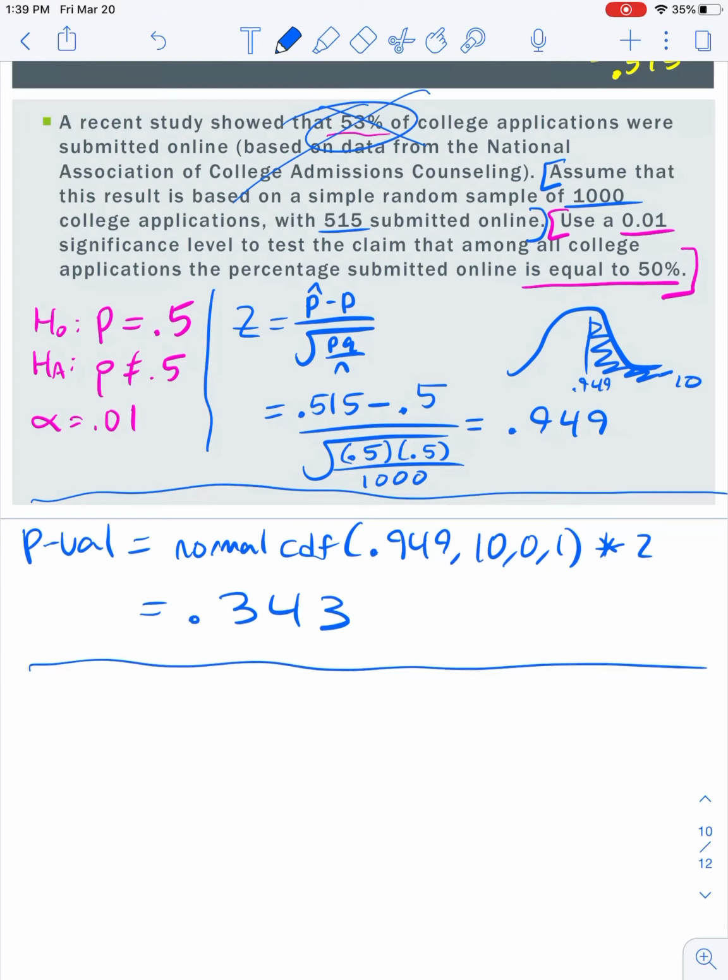And now finally, I'll make my conclusion. 0.343 is not less than or equal to 0.01, our significance level here.